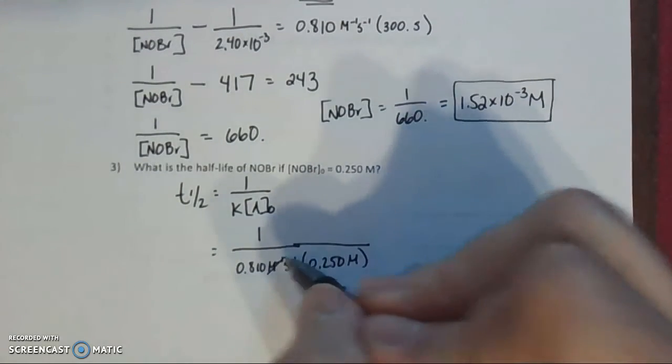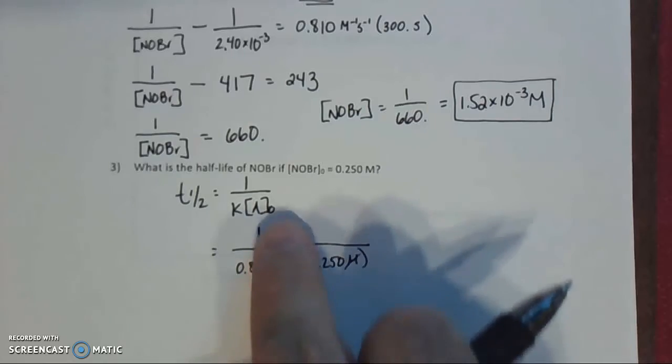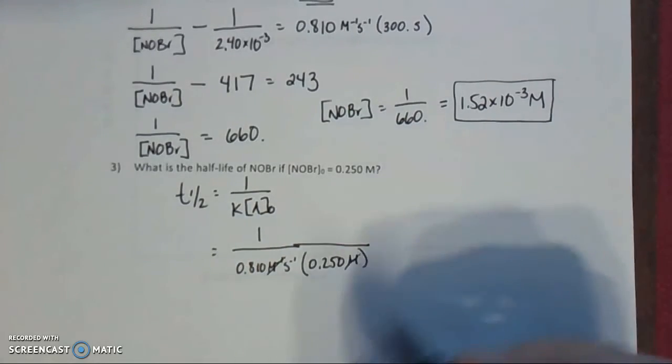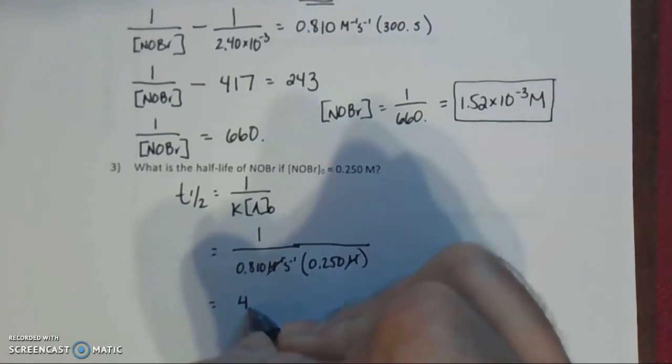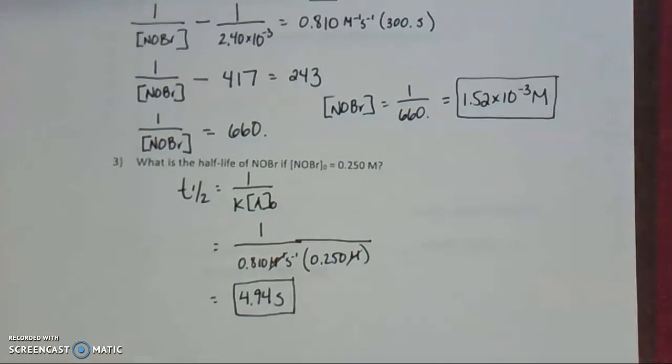Our unit of molar crosses out, we're left with seconds to the minus 1, which when we divide 1 by that brings it up top, and we end up with 4.94 seconds. So it only takes a little less than 5 seconds for 1/2 of this NOBr to decrease.